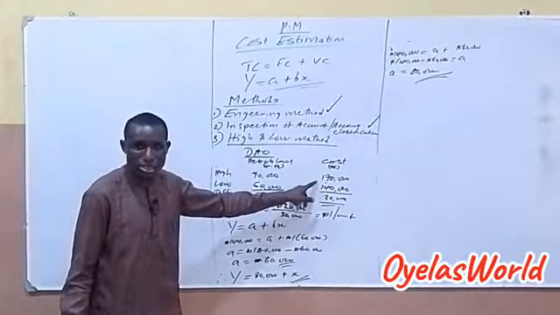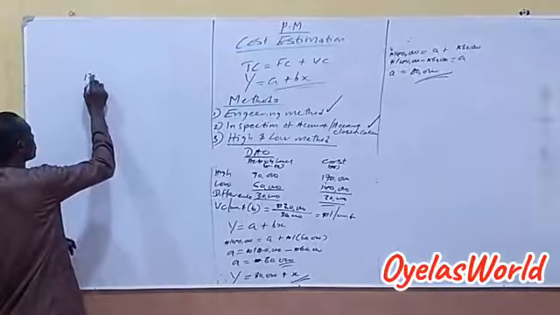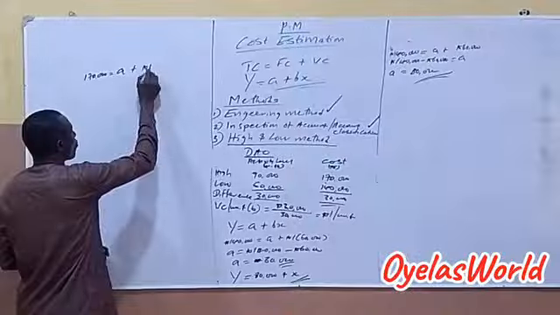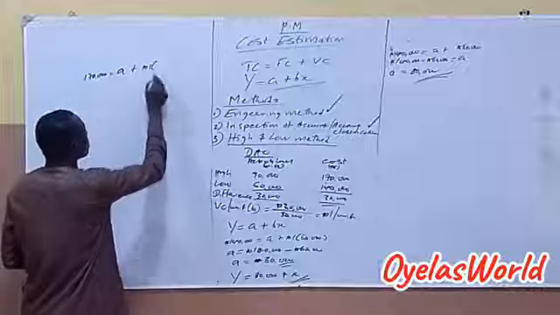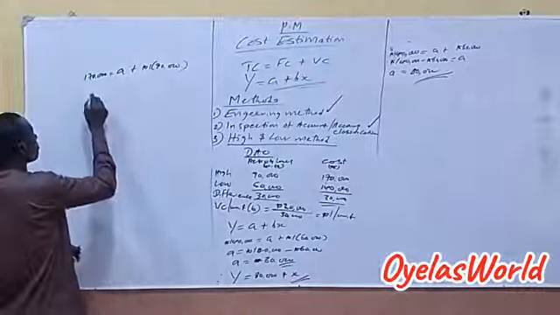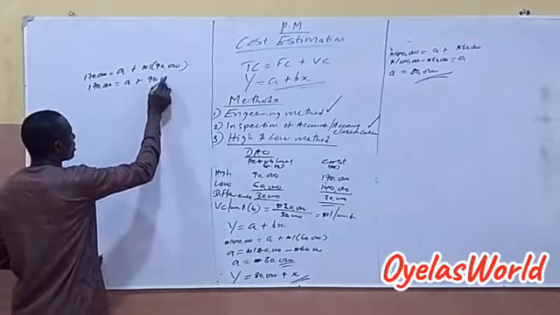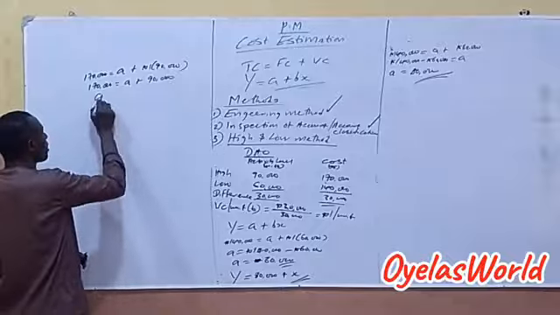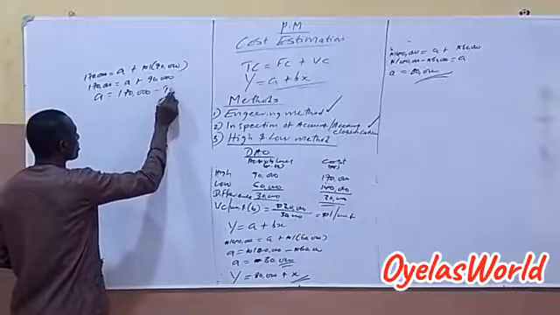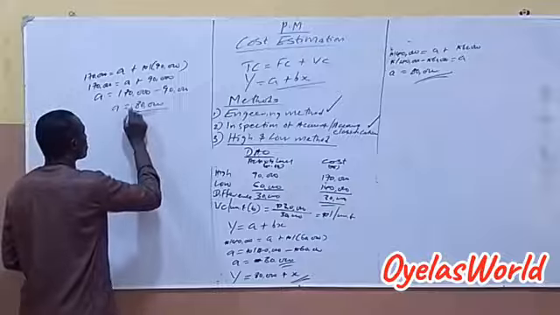If I want to use high level of activity, I'll just say 170,000 equals A plus 1 bracket what? 90,000. So 170,000 equals A plus 90,000, right? Therefore, A equals 170,000 minus 90,000. What is A? 80.